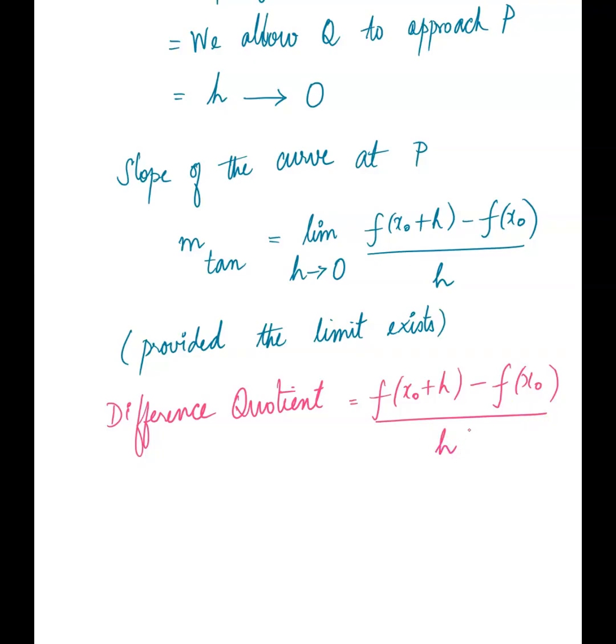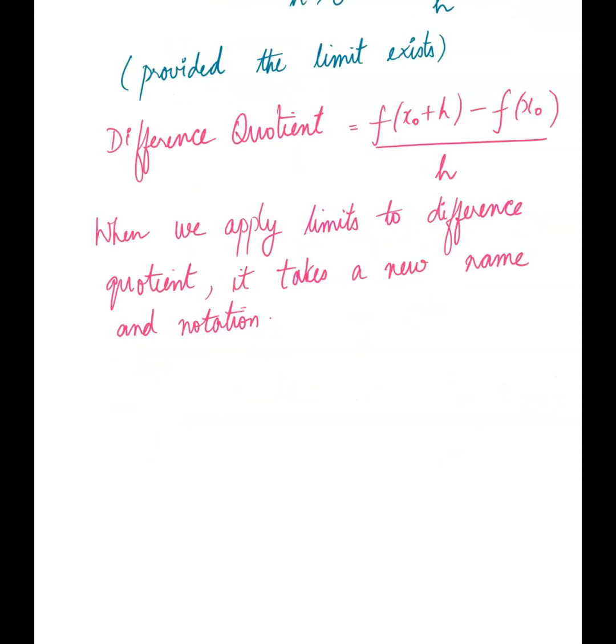And for this difference quotient, when we apply the limits, it will now be called by a new name and a new notation. Once I apply the limit, then we talk about the rate of change, also known as the derivative at a point. So let me write that information here. When we apply limits to the difference quotient, it takes a new name and a new notation.